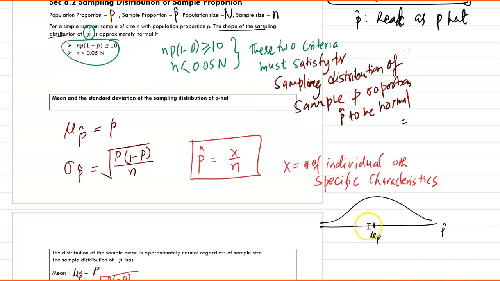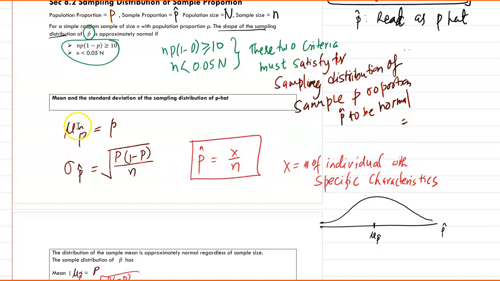Notice that this line is p hat, and the middle value is the mean of the sampling distribution of sample proportion, mu p hat.